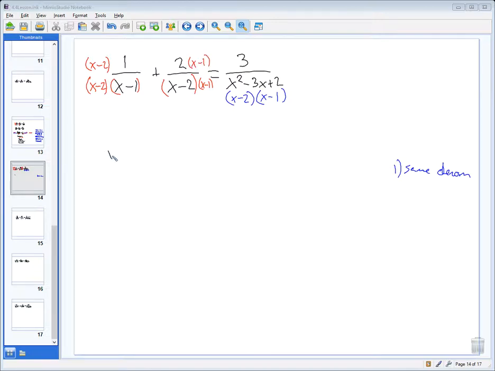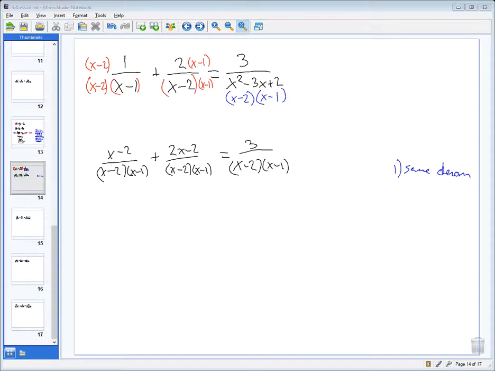This makes my fraction x minus 2 over x minus 2 times x minus 1. And I'm adding to that a 2x minus 2 over an x minus 2 and an x minus 1. And that equals 3 over x minus 2 and x minus 1.